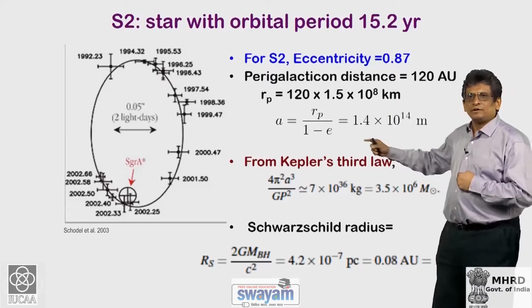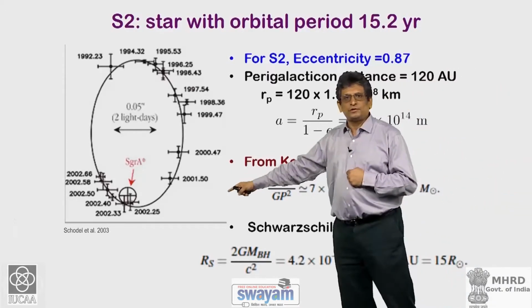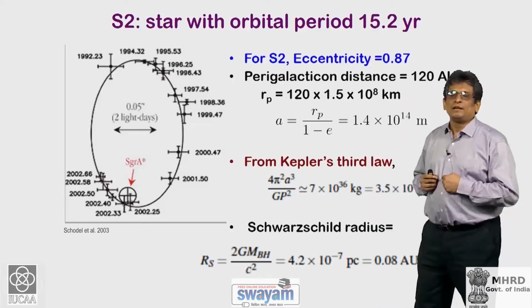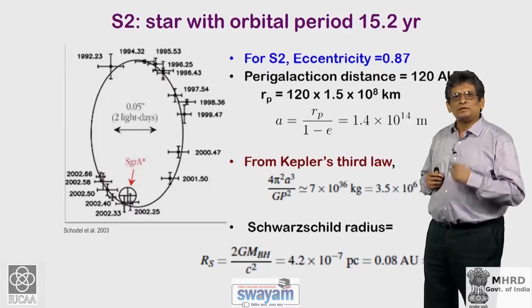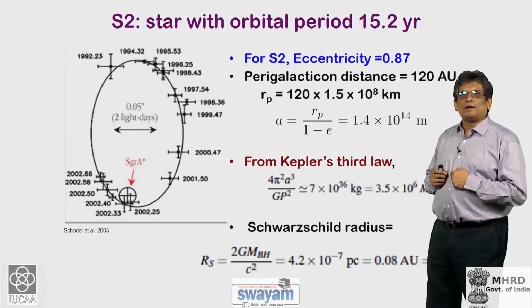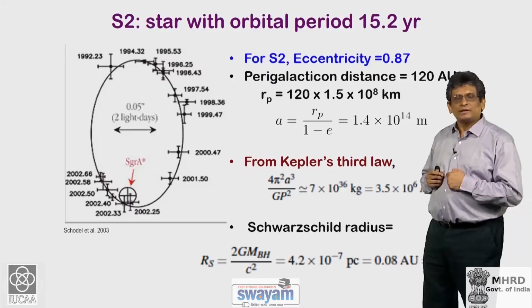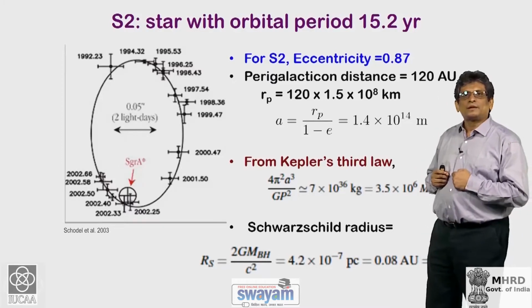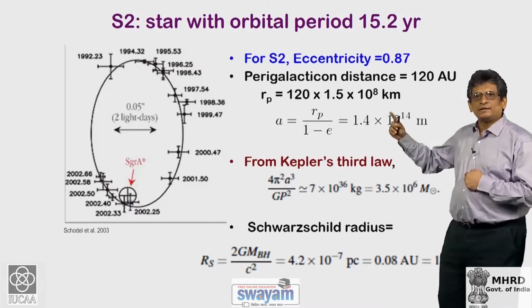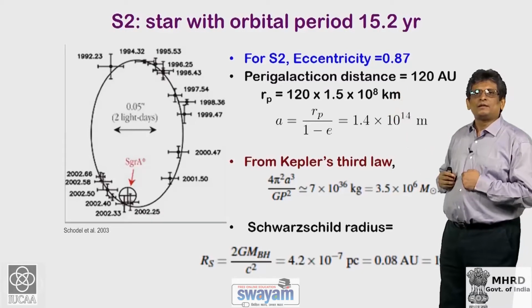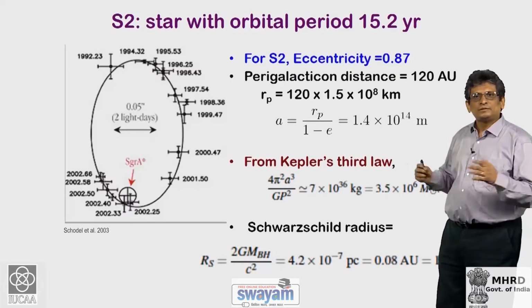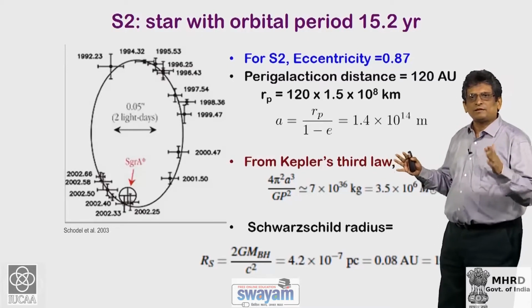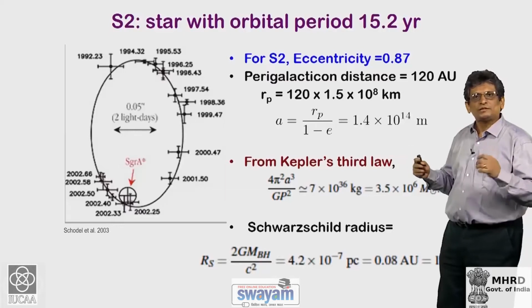And even as early as 2002, as you can see, one could measure from the measurements that have been done every year the elliptical orbit that it is on, and we could see that its distance from the focus where the unknown object is about 120 AU. That's 120 times the distance of the Sun, so it's a very small distance.